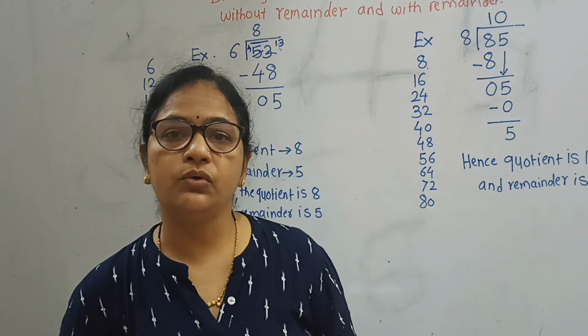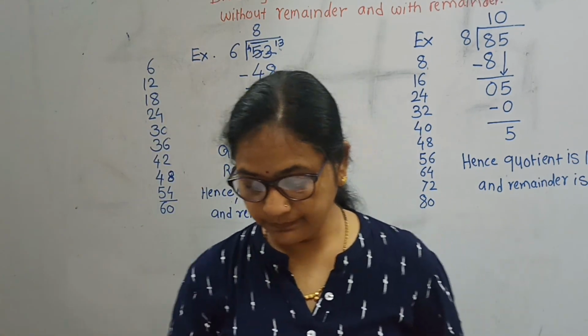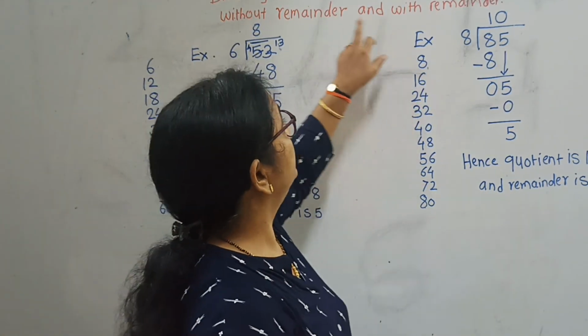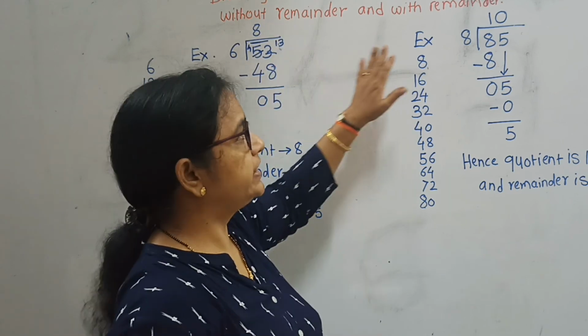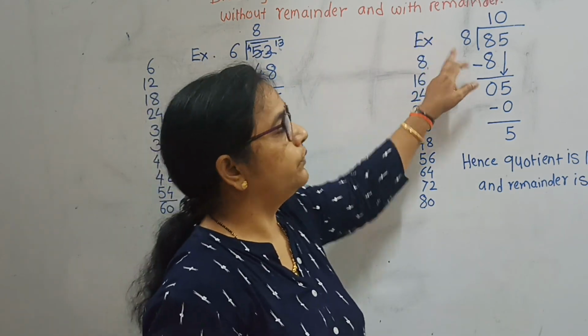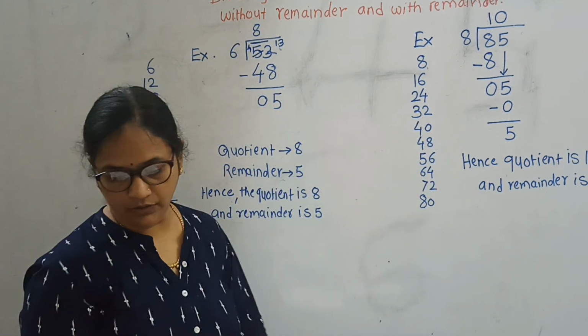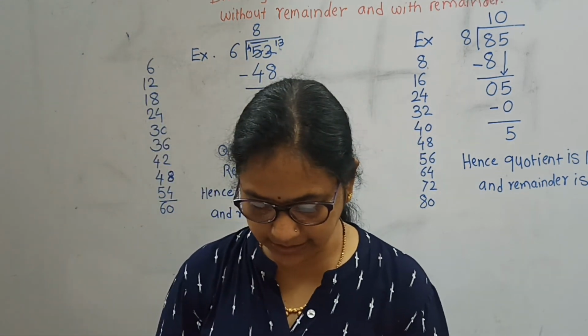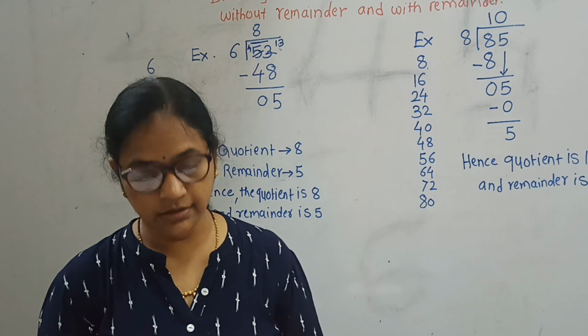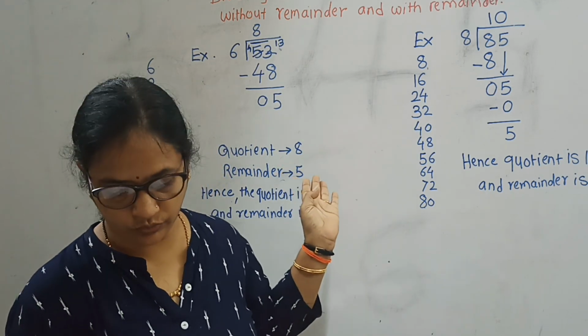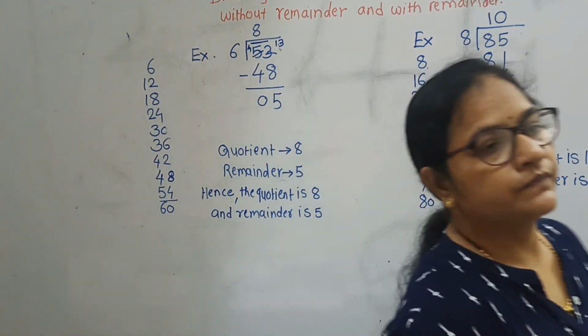Children, I hope you have understood the division of a 2-digit number by a 1-digit number. And these two examples are from exercise 5.6 question 2. Okay. Thank you.